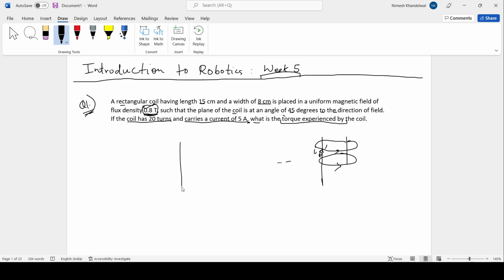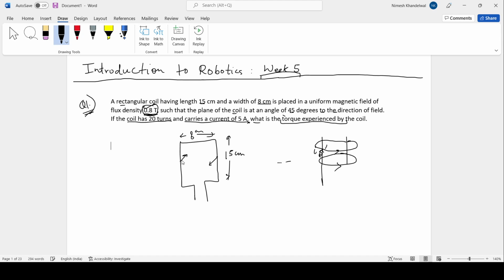So if you have a loop like this coil, with a length of 15 centimeter and a width of 8 centimeter, it will experience a force, or essentially a moment.